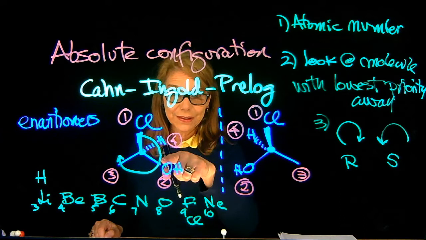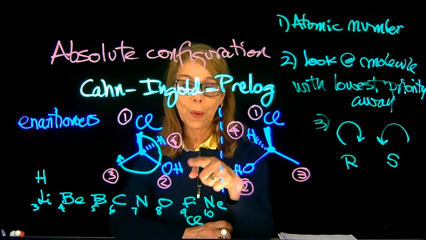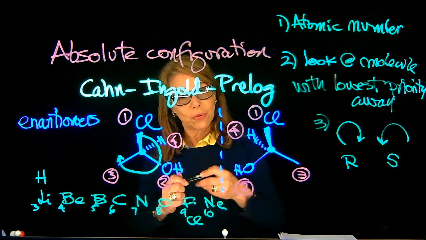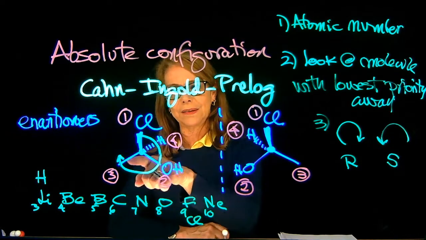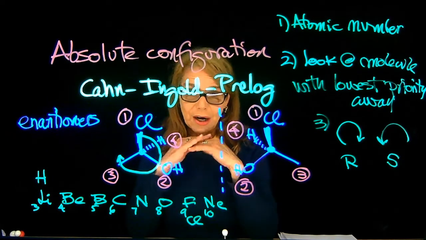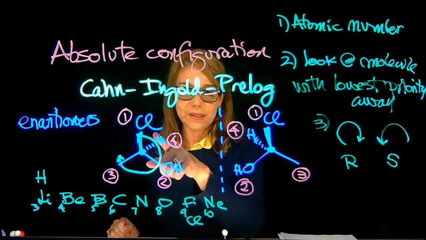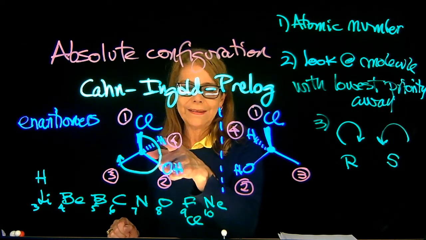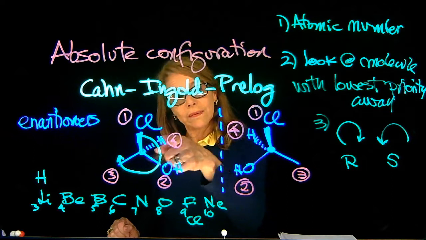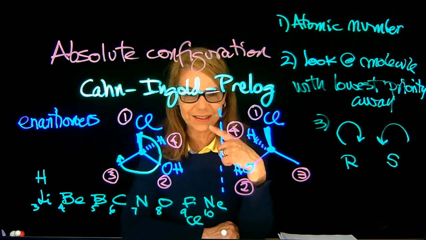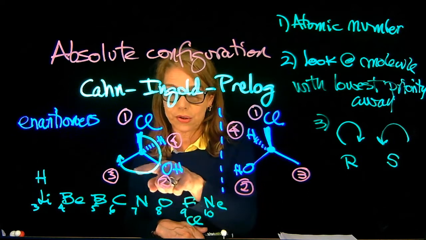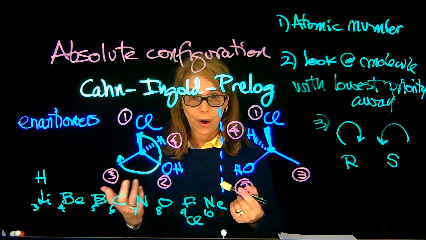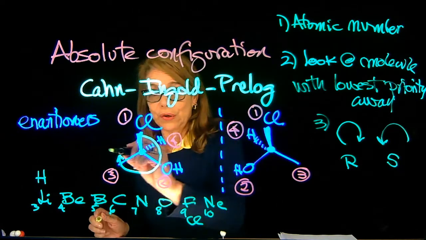But I have to have the lowest priority group away from my view. Remember the convention when we draw these lines: the solid lines are on the plane, the wedges are coming towards you, and the dashes are going away. So the dashed line is away from my view. I am viewing it correctly, and I do 1, 2, 3. So clockwise, that is the R configuration.